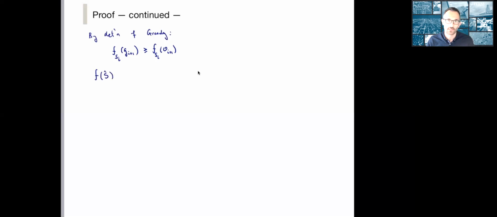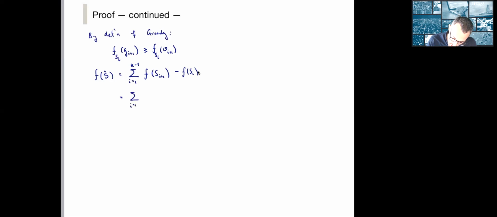Okay, so now let's use this to come up with a bound on the value that the greedy algorithm gets. So just by a telescoping sum, this is equal to the sum from i equals 0 to k minus 1 of f of S_{i+1} minus f of S_i. Okay, there's nothing here, it's just by telescoping sum. But then again, this is now the definition of the marginal value.